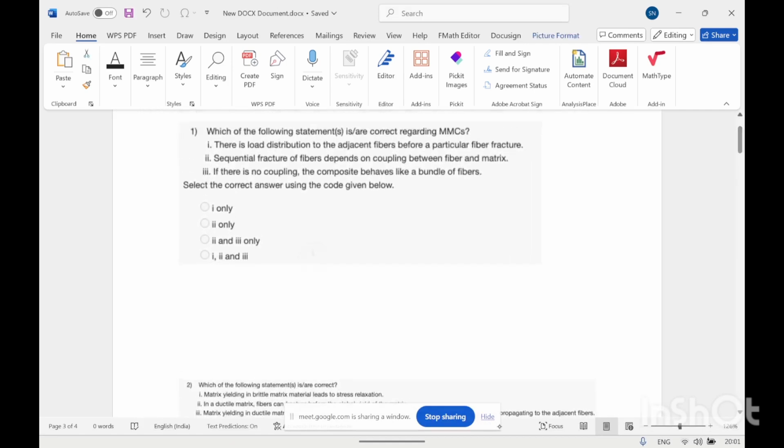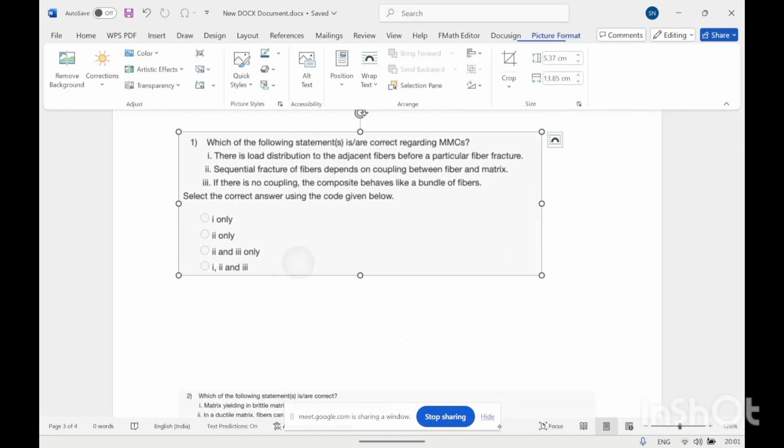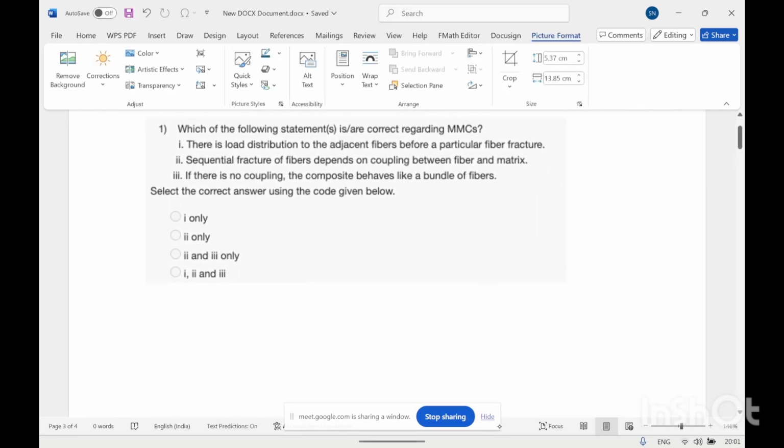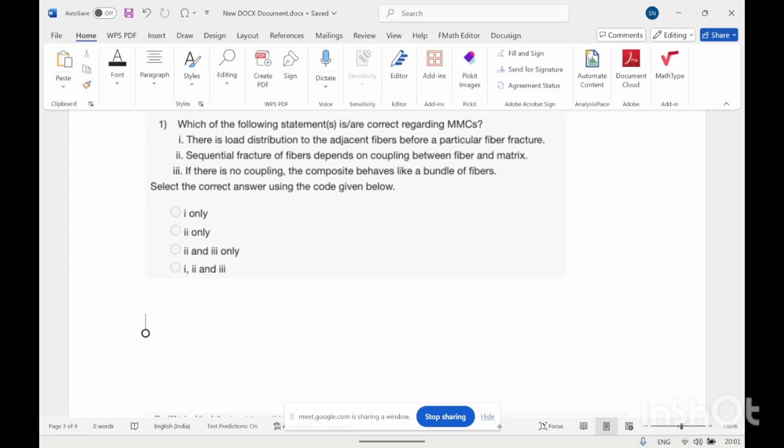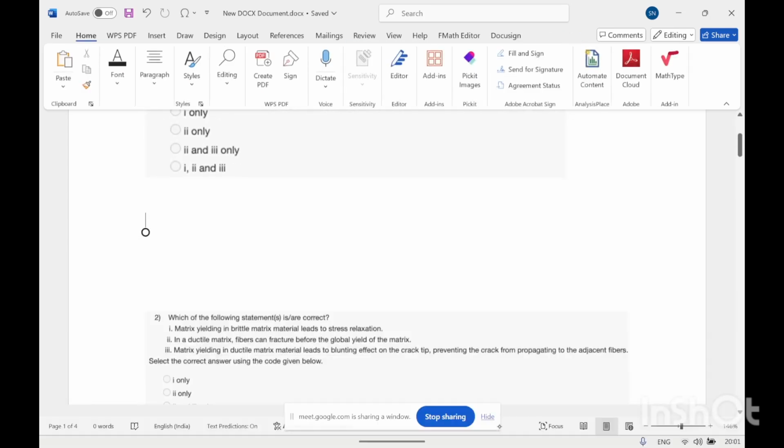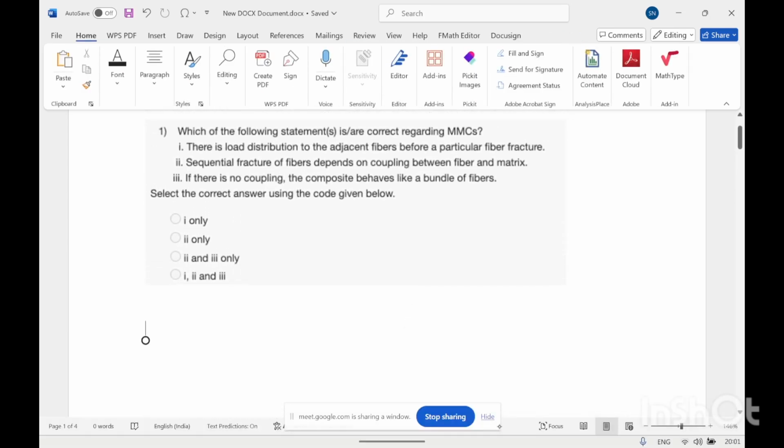In question 1, it is asked which of the following statements is correct regarding metal matrix composites. The first statement says there is load distribution to the adjacent fibers before a particular fiber fractures. The second option says sequential fracture of fibers depends on coupling between fiber and matrix.